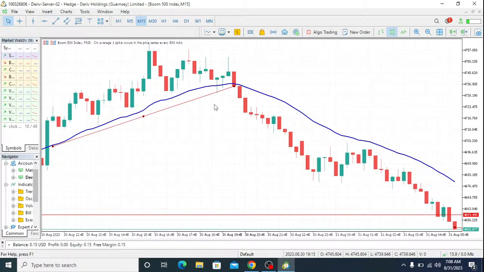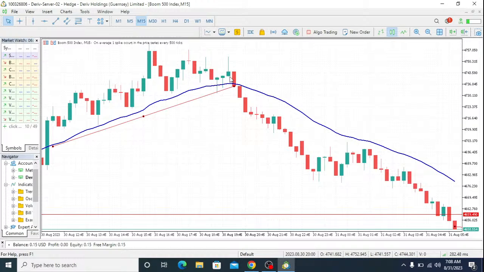Then if you are a type that has a low account, and you cannot be doing this with 25 moving average because of the consequences of watching from a higher time frame when you have a small account, it is advisable that you step down a little bit to 12 moving average.